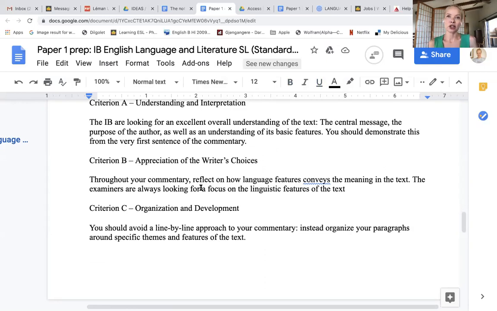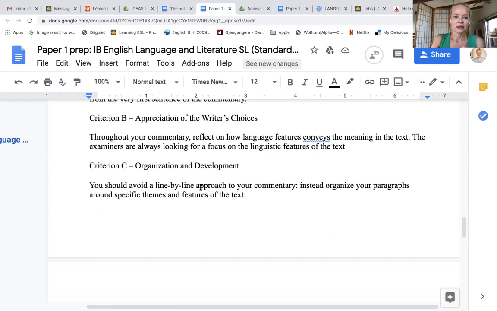Criterion B, appreciation of the writer's choices. And this is one area where a lot of students, this is maybe the hardest one, is to identify the literary devices or features, meaning how it's structured, punctuation, and things like that. So rhythm, rhyme, etc. Appreciation of the writer's choices in narration, in linguistic choices, basically.